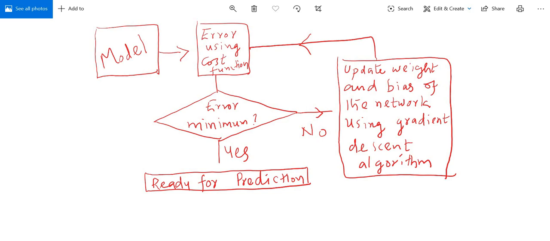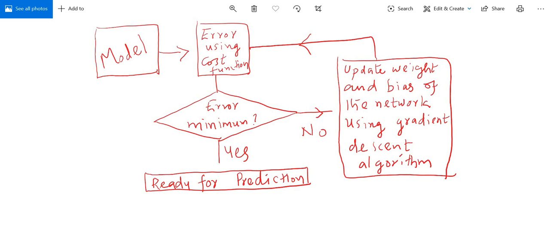So we updated the weight and bias, and again we calculate the cost function. Then we check whether the error is minimum. No. Again, update weight and bias of the network using gradient descent algorithm. Again, calculate the cost function. Error minimum? No. Sometimes we do this iteration thousands, even 10,000 times to train the model.